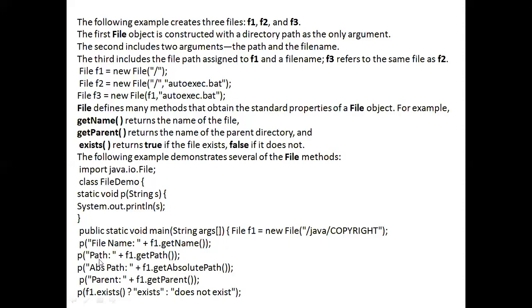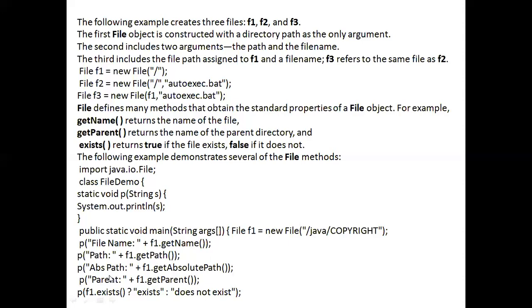And path colon f1.getPath. Here getPath is a method. By using this method we can get the total path of the file. The total path is forward slash java forward slash copyright.